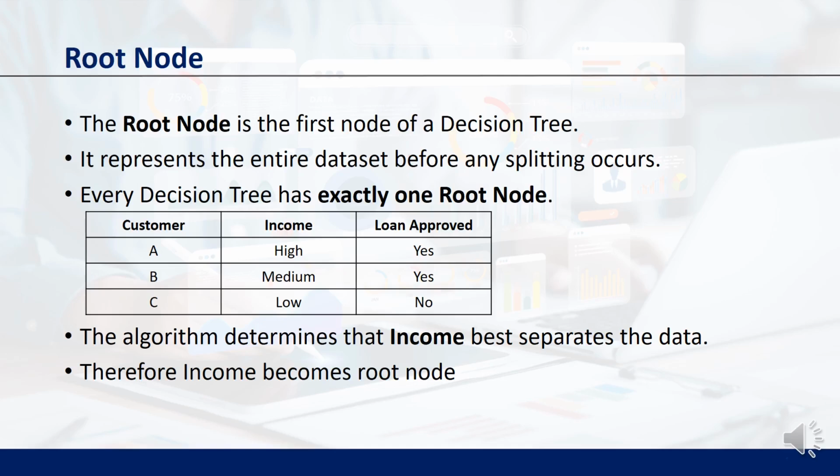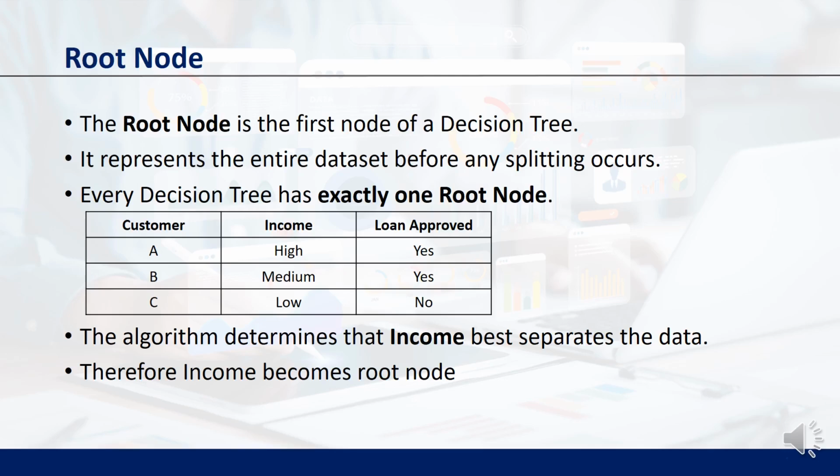So take this example. Initially, all three customers belong to one dataset. The algorithm evaluates the available attributes. Suppose it determines that income provides the best separation, then income becomes the root node. We can represent it as income. From this root node, different branches are created. For example, high income, medium income, and low income.